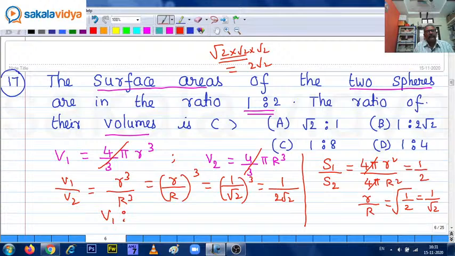So V1 is to V2, the required ratio, is 1 is to 2√2. Okay, understood? Not 1:8. So B is the right answer. You can check it now. All of you check your answers. Not C. B is the right option.